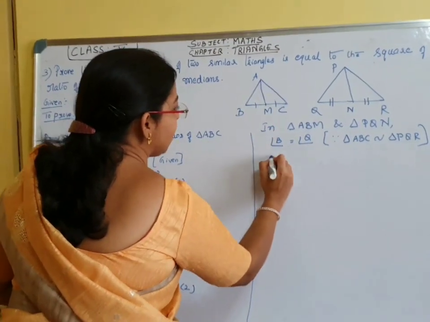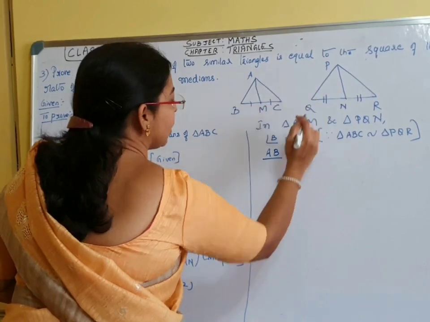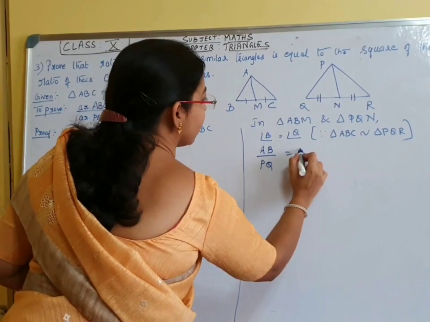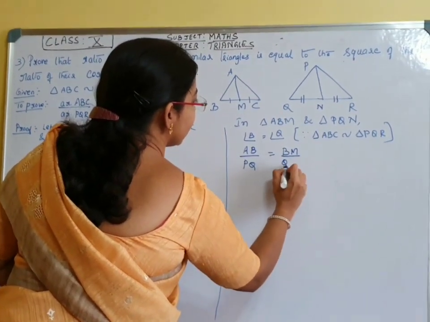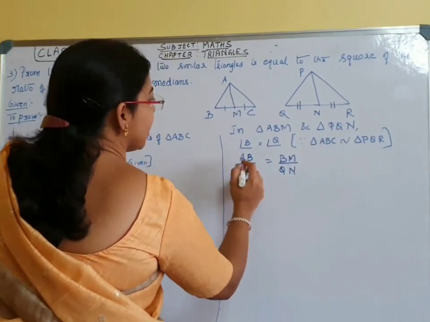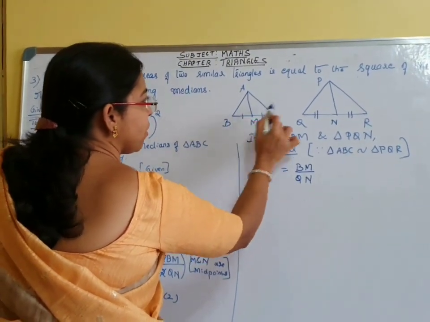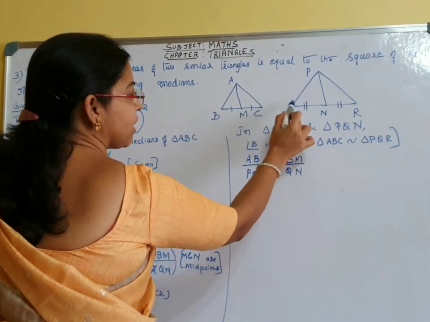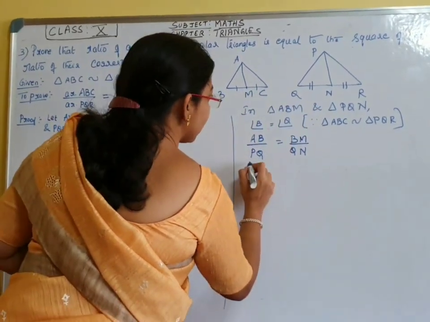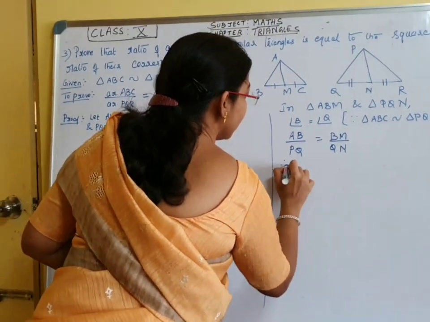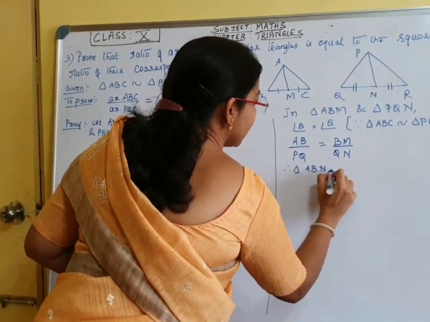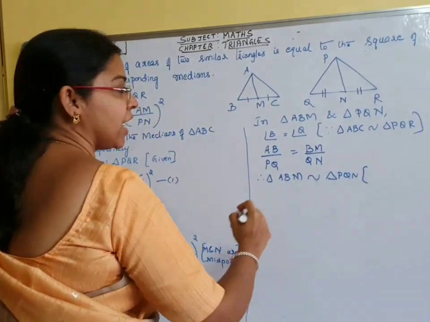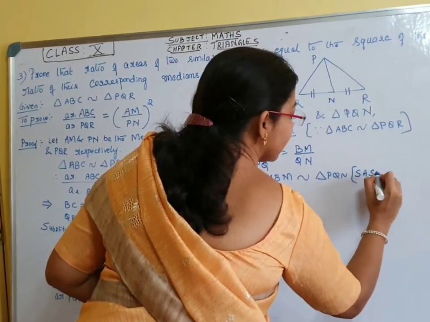And AB by PQ, the corresponding sides, is equal to BM by QN. So two pairs of corresponding sides have equal ratios and the angle between the corresponding sides are equal. So therefore we can conclude triangle ABM is similar to triangle PQN. Which criterion? SAS criterion.